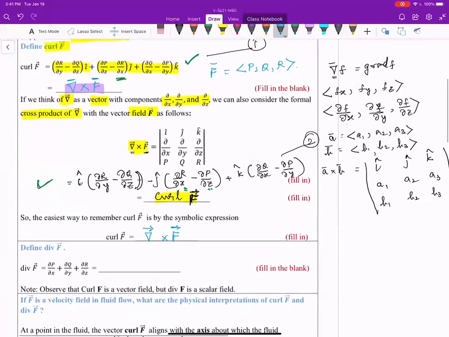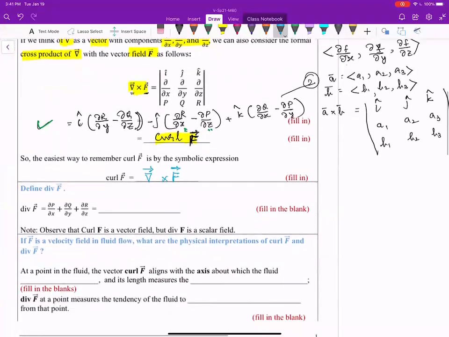And we will see another quantity known as divergence, div F. Div F is dou p by dou x plus dou q by dou y plus dou r by dou z, which in short can be written as del vector dot F vector.